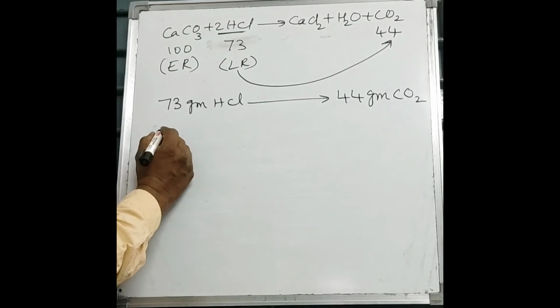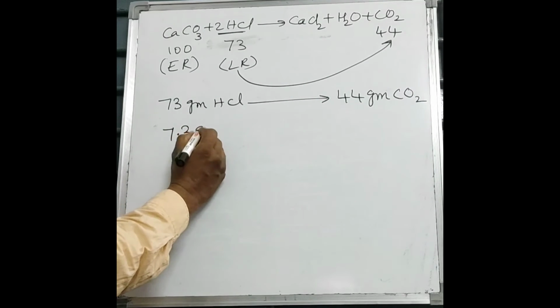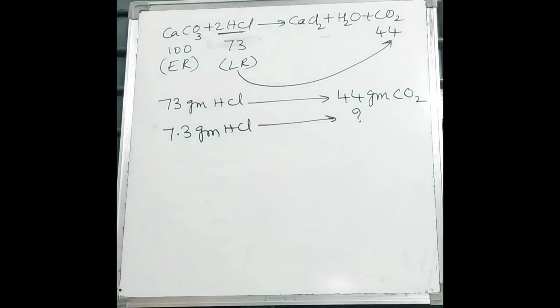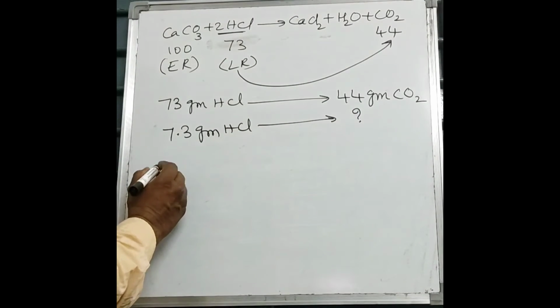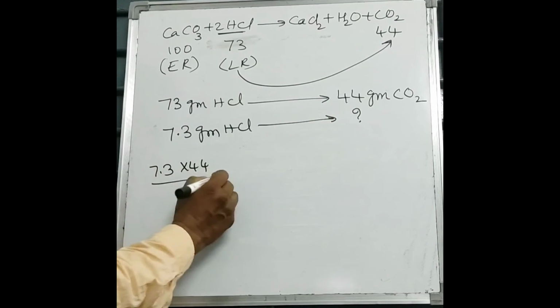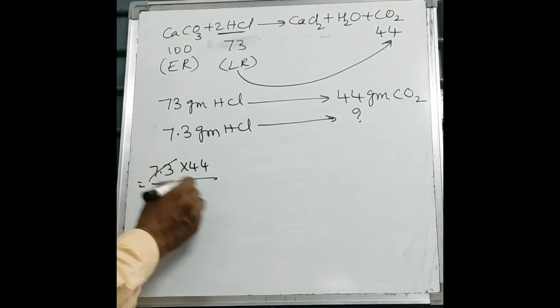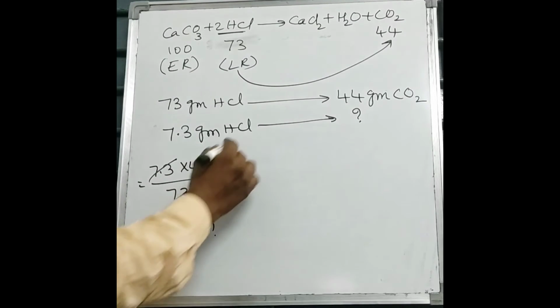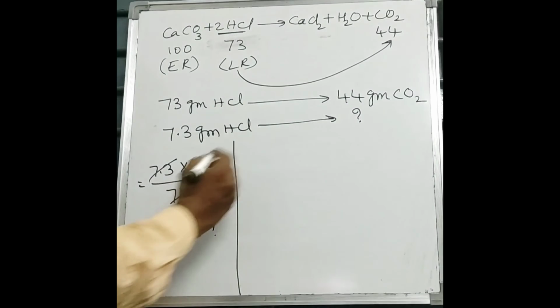In the problem, they gave that 7.3 grams of HCl forms how many grams of carbon dioxide? We do cross multiplication. 7.3 into 44 divided by 73, that means 4.4 grams of CO2 which is liberating.